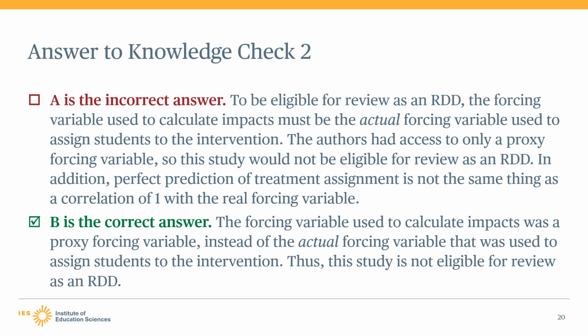The authors did not have access to the actual forcing variable, namely the composite reading achievement test score used to assign students to the intervention or comparison conditions, but rather only had access to a proxy forcing variable, which was constructed as a weighted average of subscores. Therefore, this study would not be eligible for review under the WWC's RDD standards.